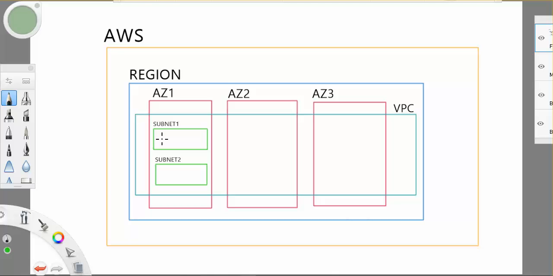Whereas you can also have subnets that are going to be private. And as you can imagine, the idea of a private subnet is that it holds any EC2 instances that you don't want to be accessible directly from the internet.